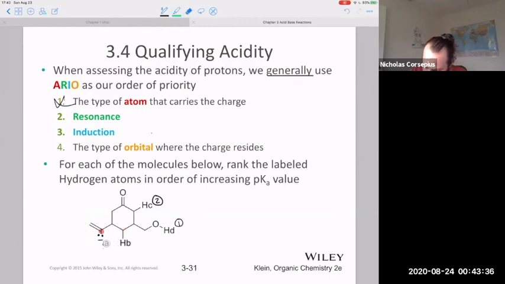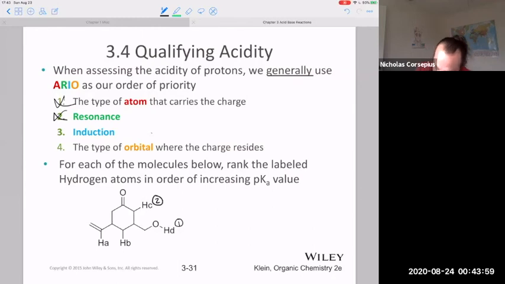All right, so then lastly, I got these two here, and I got to determine which one is going to be more acidic, A or B. There are no resonance effects for these two. Likewise, there are no inductive effects. There's no electronegative groups sitting closely that can pull electron density.